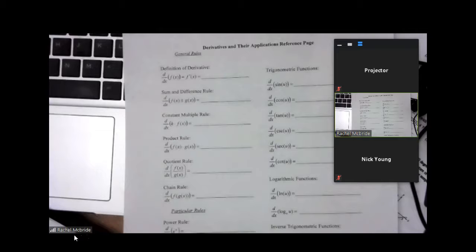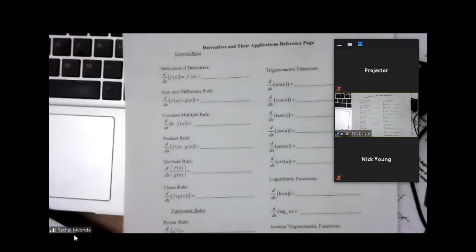Okay, maybe about 1 more minute. And let's see how we did.